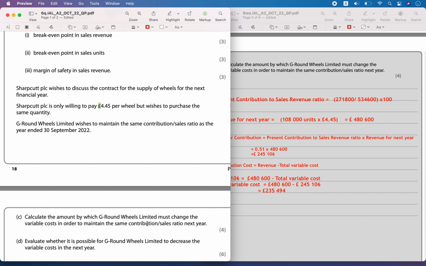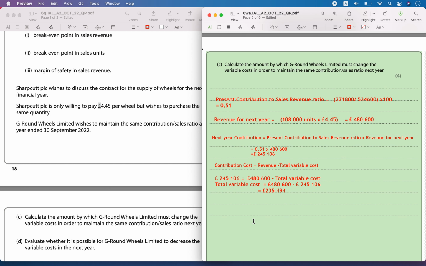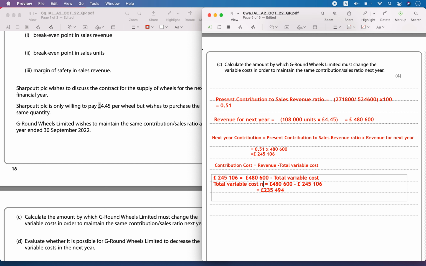And apart from that, they have also asked for the amount of change. This is the total variable cost for next year.